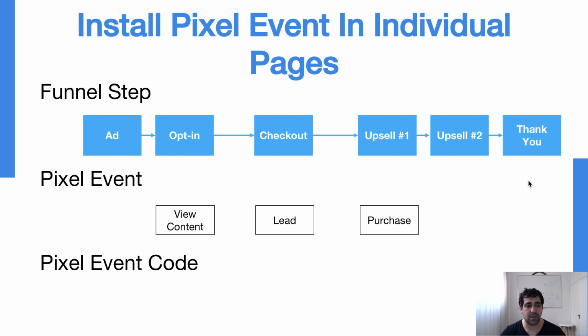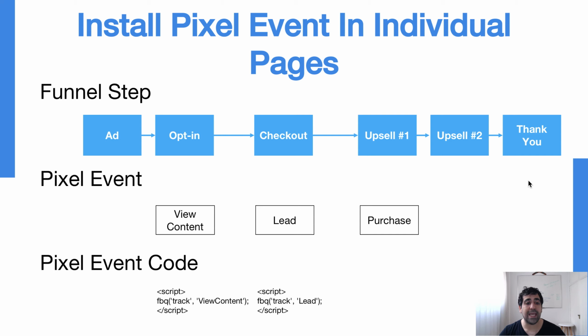In order to do that, you're going to be installing the pixel event code, which is a second piece of code, a second script that you need to install in individual pages. For instance, if you want to install a view content event code in the first page, that is the script that you need to write right in the head of that page.